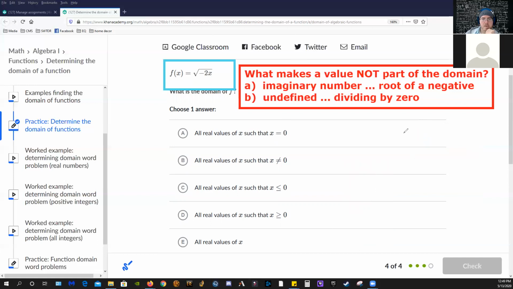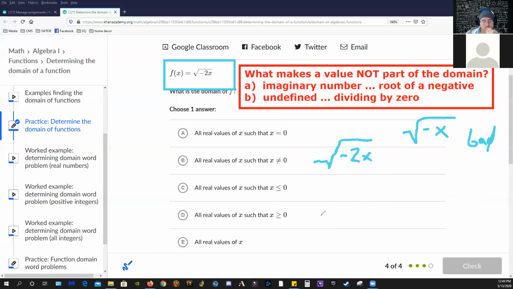All right, let's just remember that the root of a negative anything is bad. So what do we got here? We got the root of -2x.